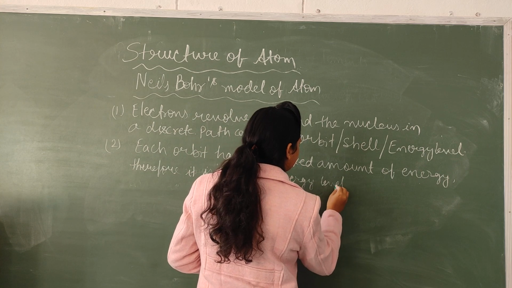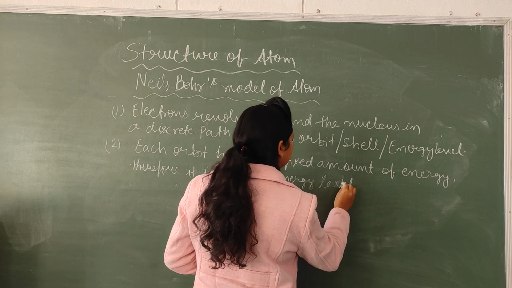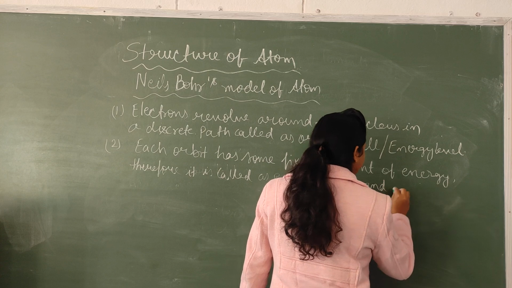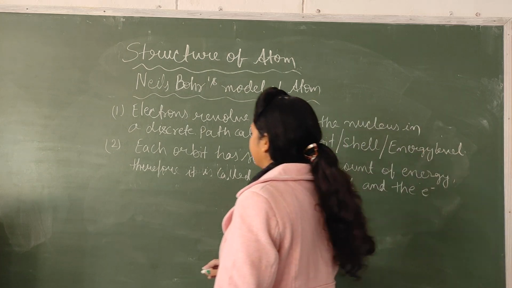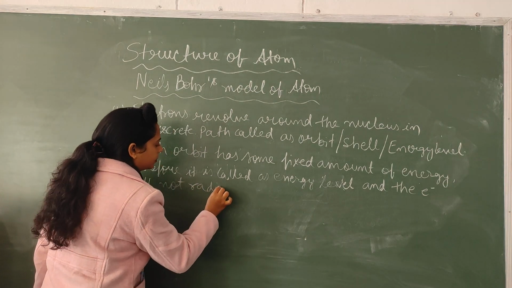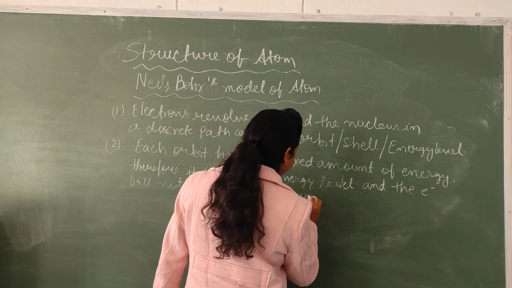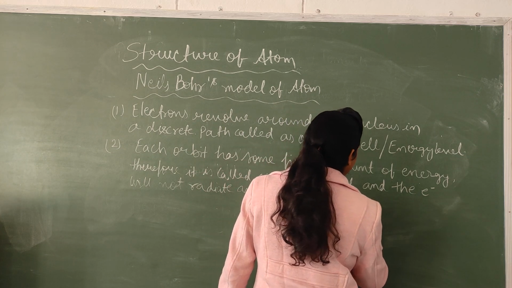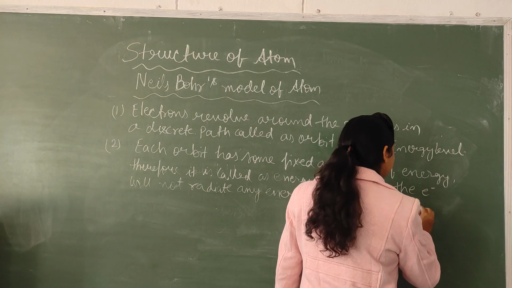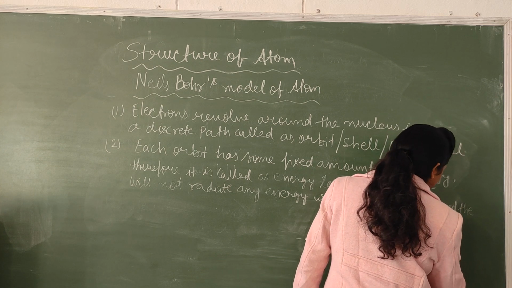That's why it is called energy level. And the electrons will not radiate any energy while revolving around the nucleus.